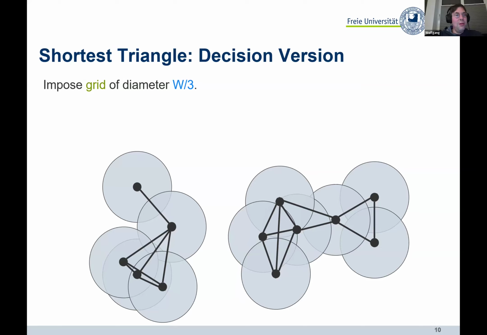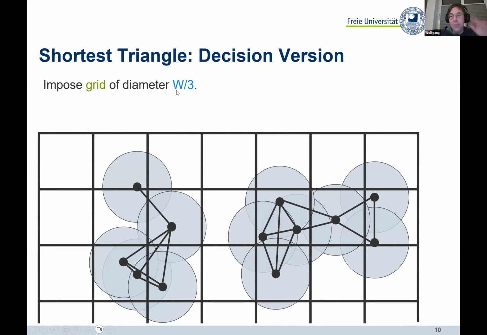Let me just tell you, because I think it also tells you some things that you can typically do when you work on disk graphs. The side length of each grid cell is W over 3, where W is our parameter for deciding whether there exists a triangle of total length at most W or not.